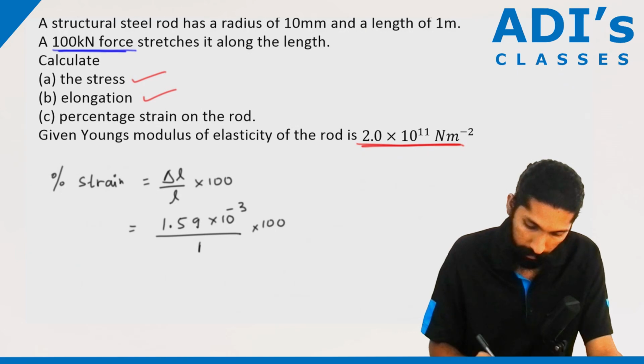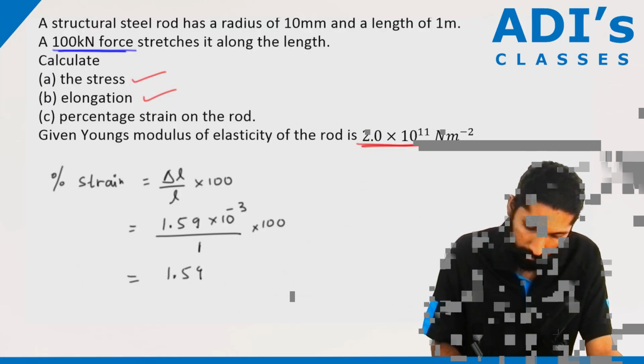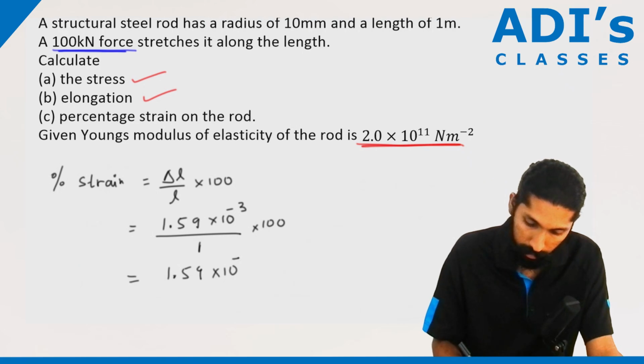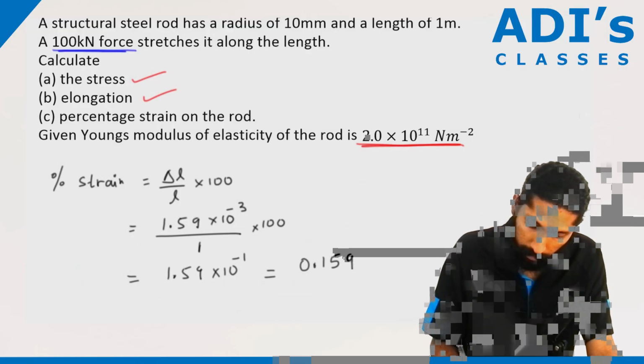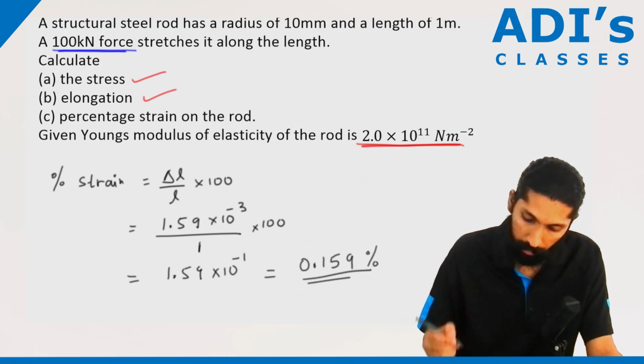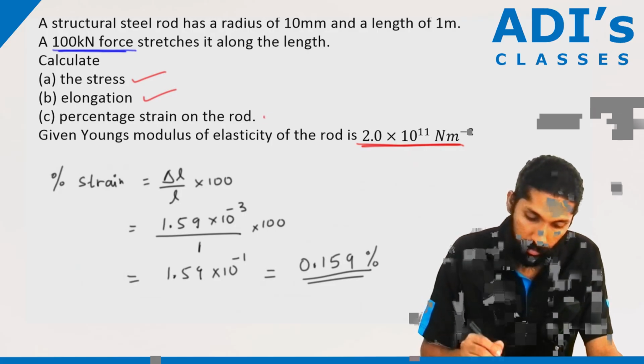You are going to get the answer as 1.59 into 10 to the power of minus 1, or 0.159%. So this is the percentage strain on the rod.